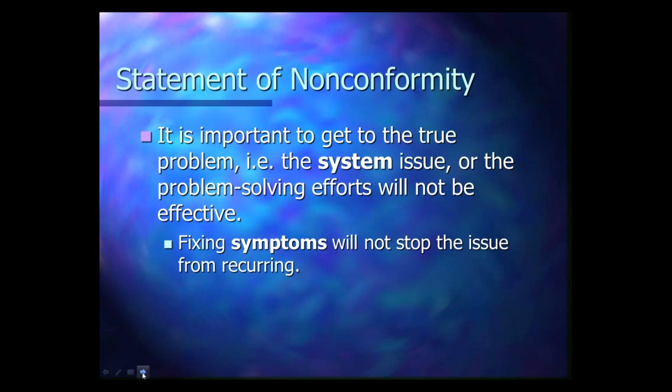If you have an underlying strep throat infection causing these symptoms, until you knock out those strep throat bacteria with an antibiotic, the issue is going to persist. So you may treat the symptoms, but that's not going to treat the true root cause of the issue. So you want to make sure, in this particular case, the problem statement isn't written in such a way that you're talking about a sore throat, a fever, body aches and pains, but it's written at a breakdown with a systemic strep throat infection level.